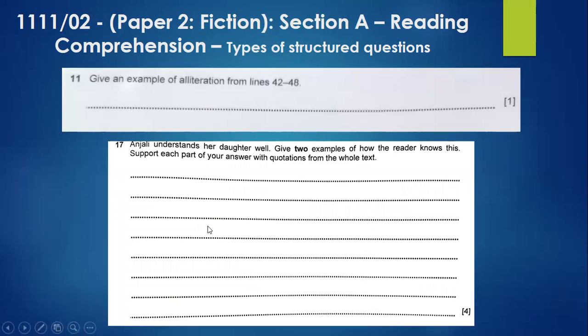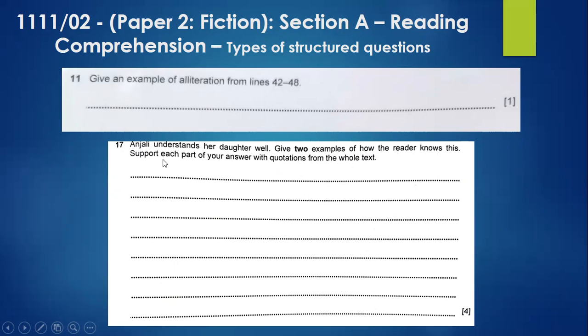Now, the next question here, Anjali understands her daughter well. Give 2 examples of how the reader knows this. Support each part of your answer with quotations from the whole text. Now, if you look at the marks allocated here, it's 4 marks. So, the question says give 2 examples, 2 examples, but 4 marks.